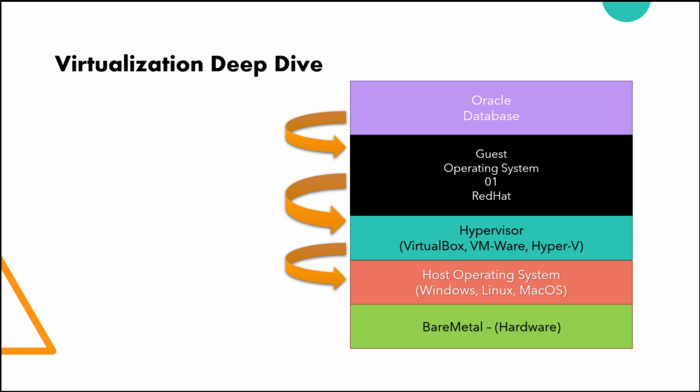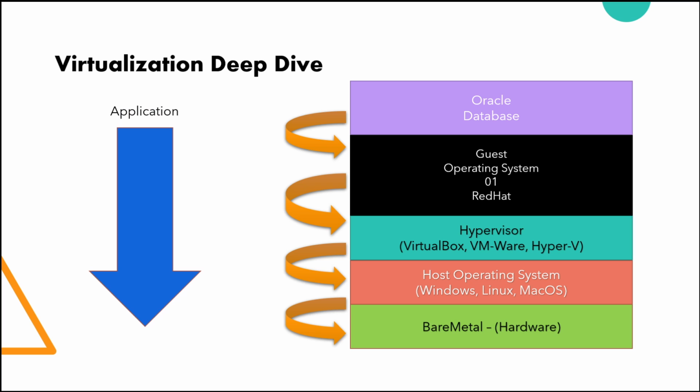The host operating system also needs to communicate with the bare metal. So the application has to pass through so many layers to get the hardware allocation.